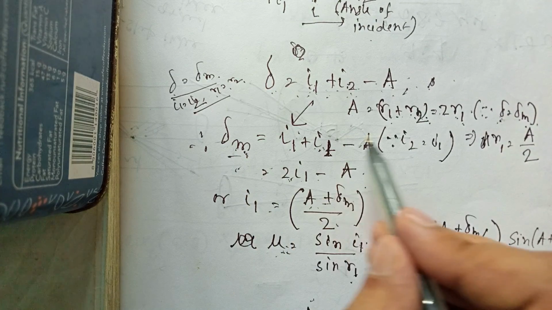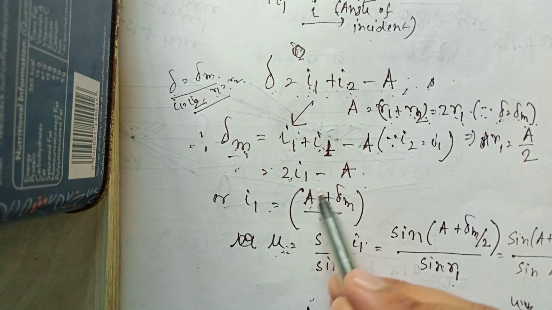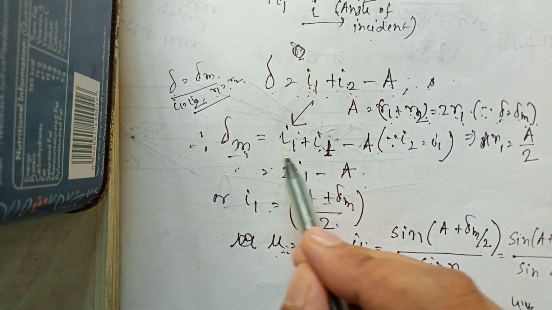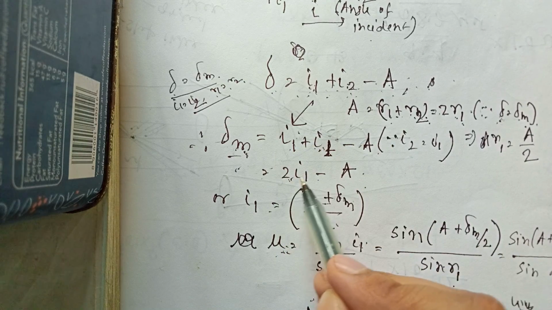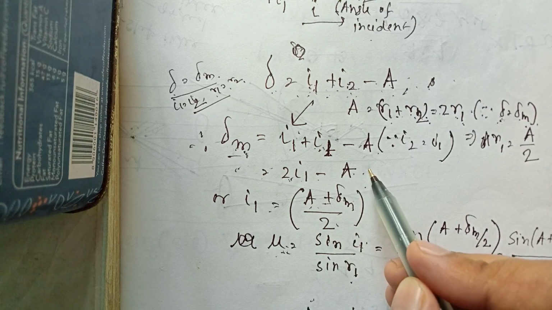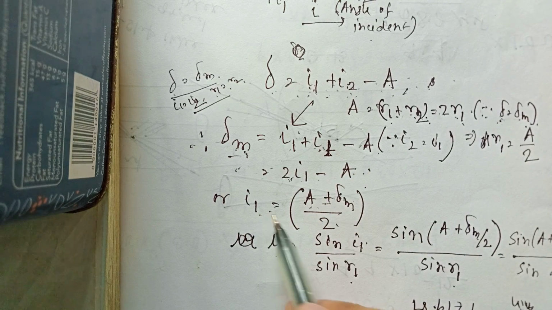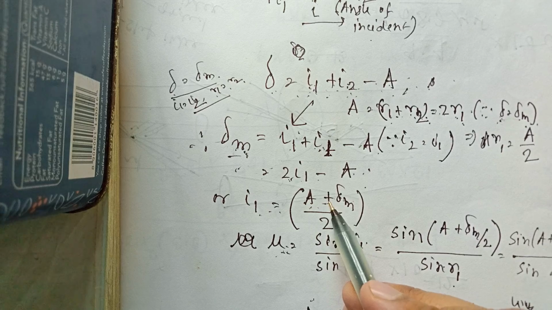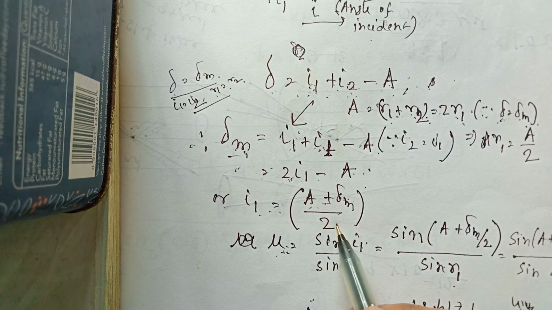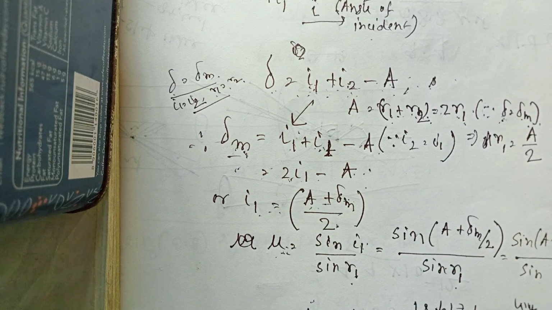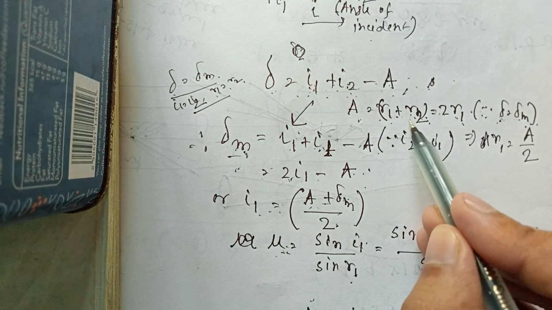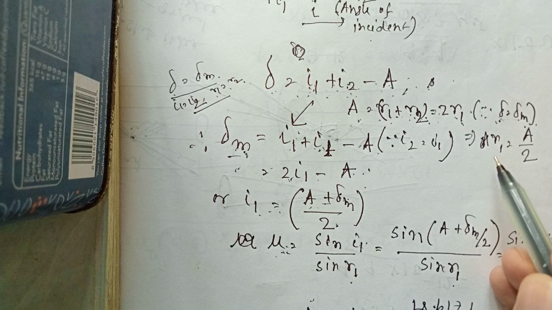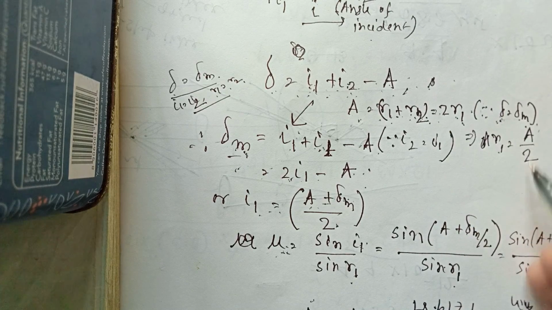So I1 equal to A plus delta M by 2. Again from A equal to R1 plus R2 equal to 2R1, R1 equal to A by 2.